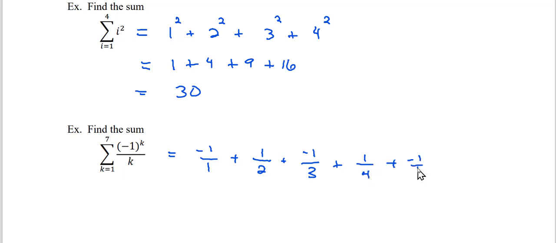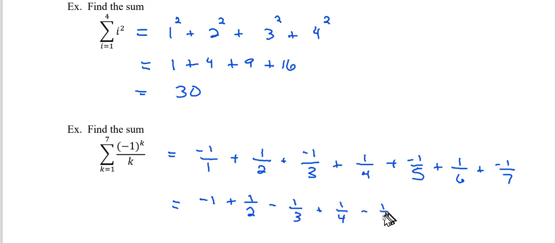When k equals 5, it's negative 1/5. When k equals 6, I get a positive number from negative 1 to the 6th. And then negative 1/7. Sometimes my brain gets ahead of my pen. Negative 1 plus 1/2 minus 1/3 plus 1/4 minus 1/5 plus 1/6 minus 1/7.